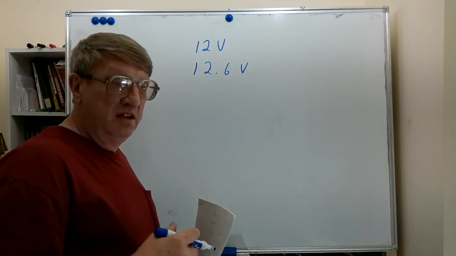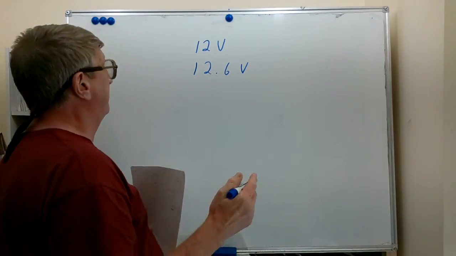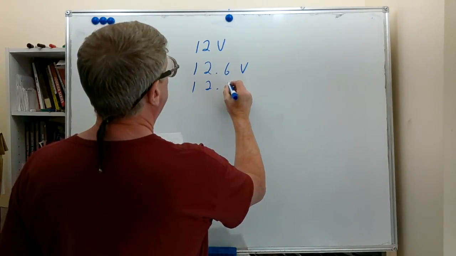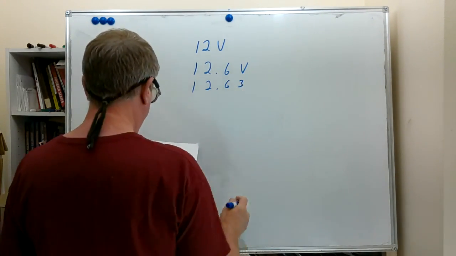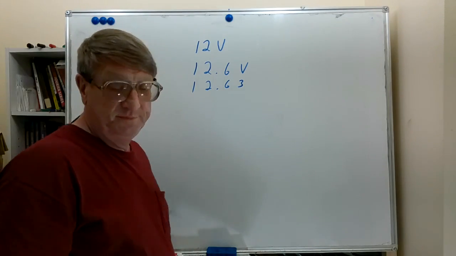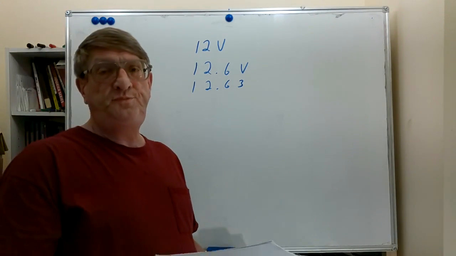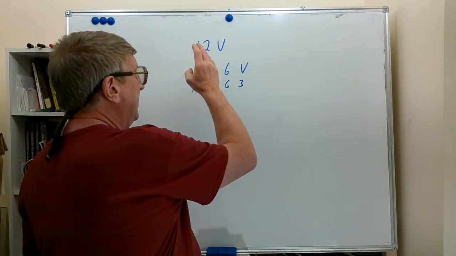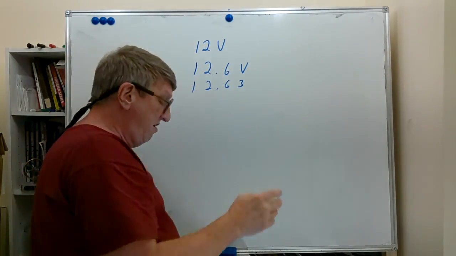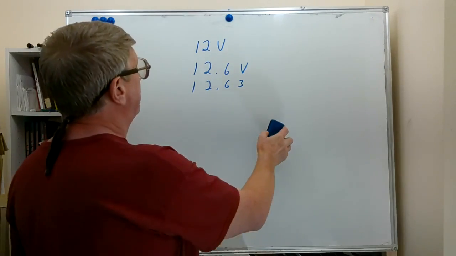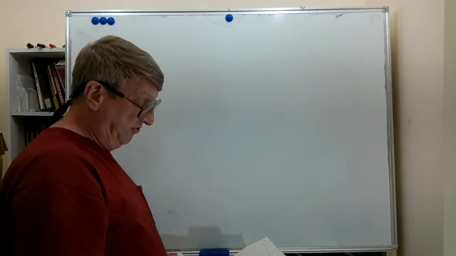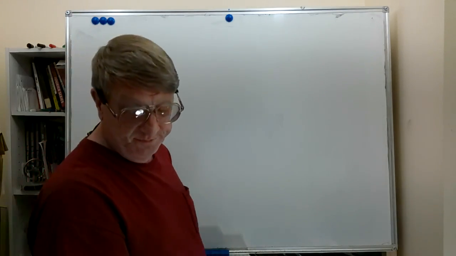Or you find an even more precise, more accurate voltmeter, and you have 12.63 volts. What this shows us is that our margin of error is never zero. So we have to think about things like significant figures or significant digits.